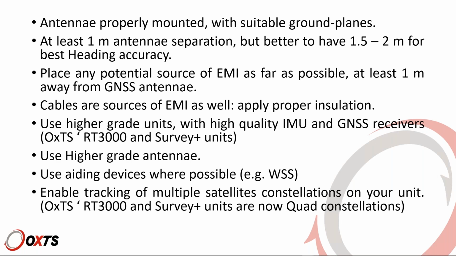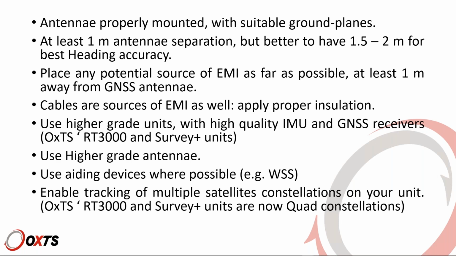So it is good to think of where you place them, have them as far as possible from the antennas, especially the primary antenna, and keep in mind cables as well, because they can be a source of EMI. So it is important to insulate them properly and also to route them away from the antennas and the INS as well.